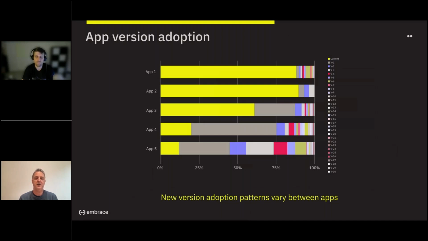If you look at app number 5, if you wanted to delete an endpoint that was not used in the last 5 versions, you still have about 10-15% of your traffic on versions that are 6 versions old and older.